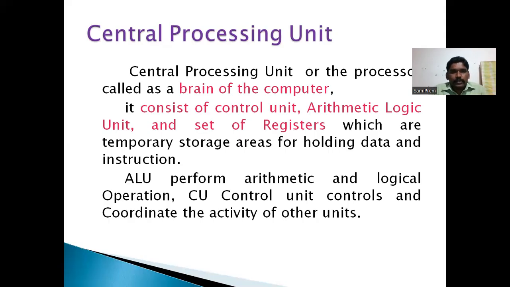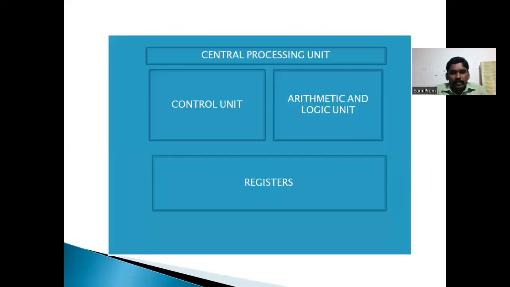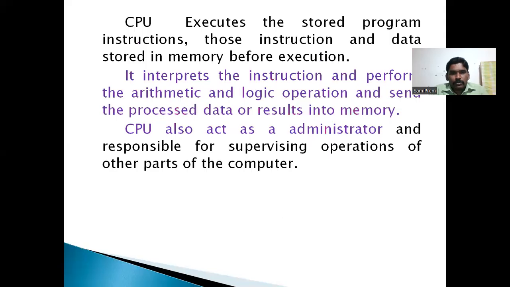Okay. Then we will see it in a diagram. We have the central processing unit diagram, with first the control unit, next the arithmetic and logical unit, and then registers. So the CPU has these three parts. First, the CPU executes the stored program instructions. Those instructions and data are stored in memory before execution.